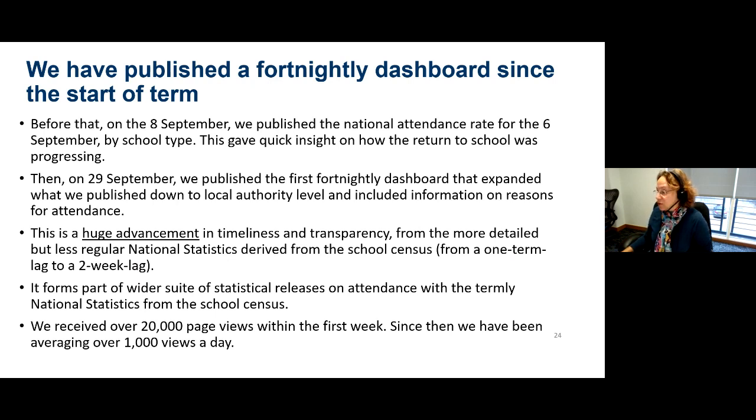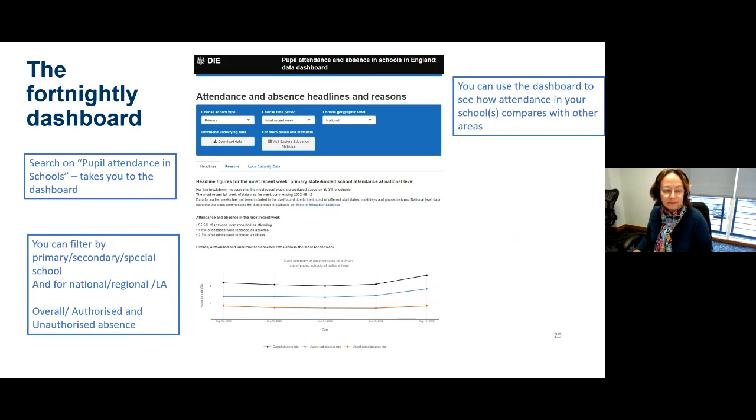If you haven't seen it already and you're interested, please do so, or check if your school is looking at this. I'll just show you a little bit about what you can get from this public dashboard. As I said, the link will be in the chat for you, but also if you forget the link, all you need to do is Google pupil attendance in schools, and it takes you to this dashboard.